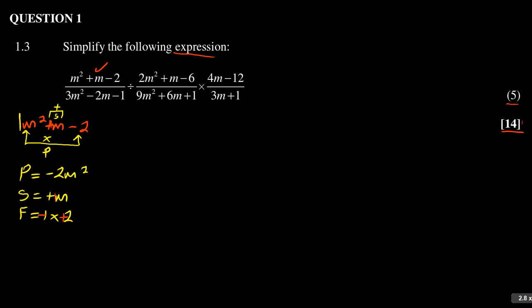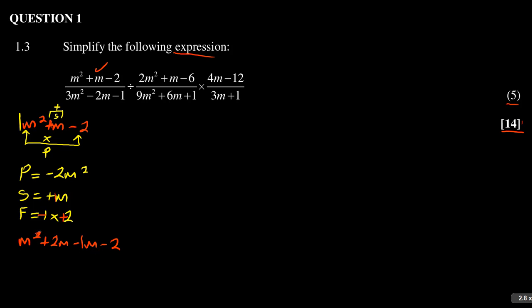So now when I write my final, I'll have my m squared plus 2m minus 1m minus 2. You can see where there is a positive m, now I have replaced that with 2m minus 1.